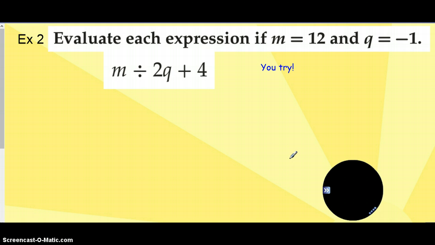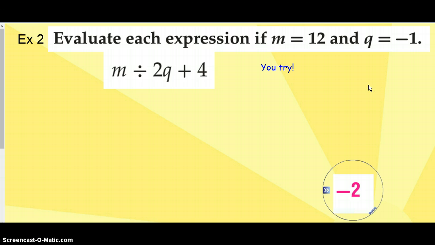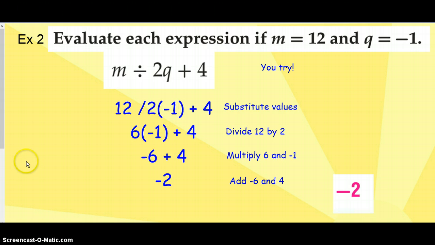You go ahead and pause the video and try this problem out, and then I'll show you the solution for that. Okay, did you guess number 2, or -2, excuse me? Then you are correct. If not, you can go ahead and check your work against my work. First, you substitute in the values, 12 for M and -1 for Q. Inside the grouping symbols, -1 is as simple as it can be.